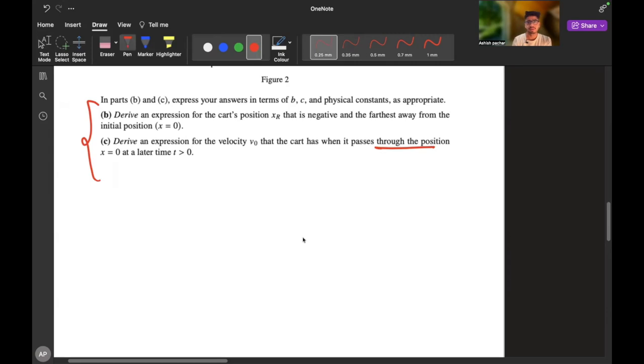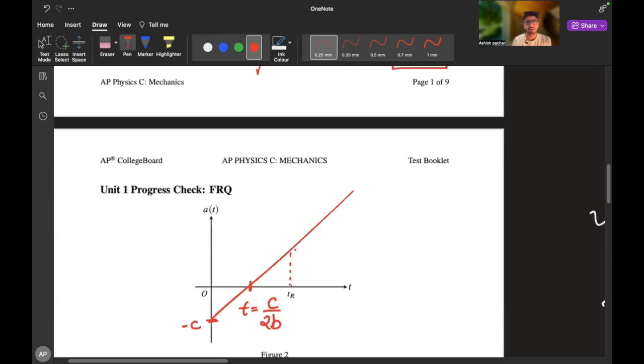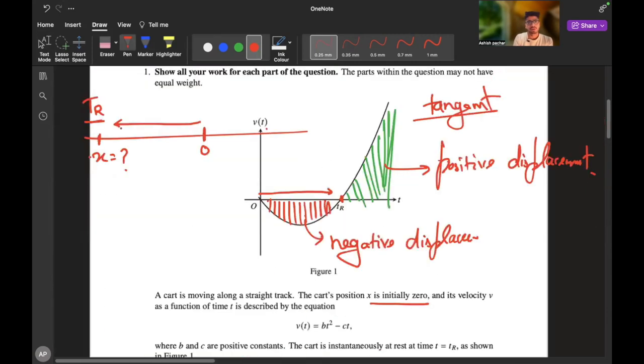As we discussed in the last part, at tr this is the furthest point, meaning negative displacement, which comes out to be minus c cube by 6b square, just verify. So that is the furthest point.